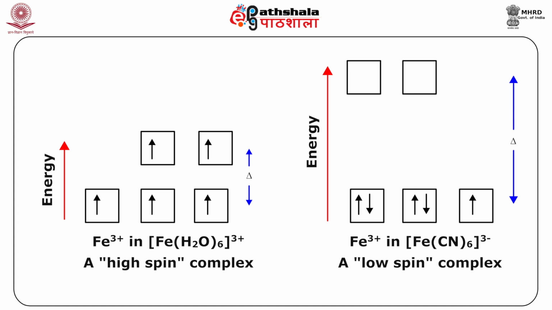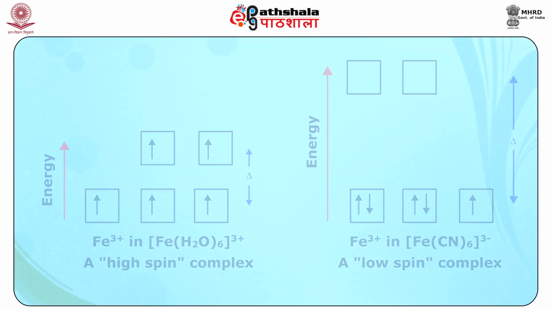With H2O as the ligand, the complex formed will be high spin with 5 unpaired electronic spins, whereas with CN negative as the ligand, we get a low spin complex with only one unpaired electron in the lower t2g level.